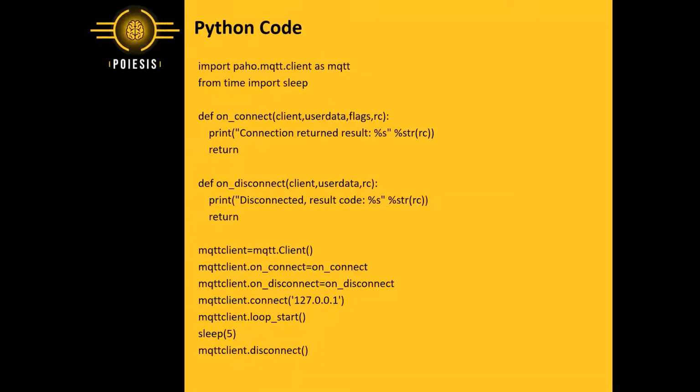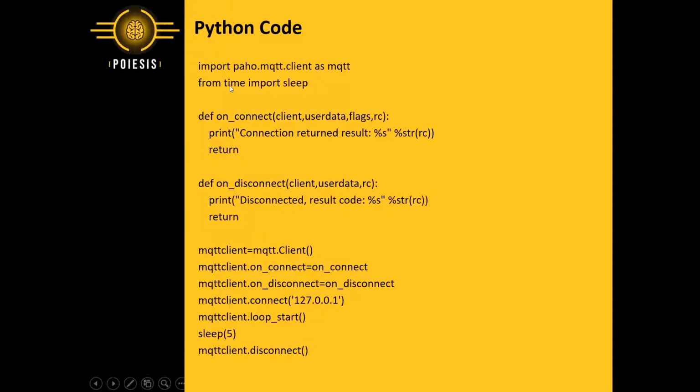Here is our code. We have extended the code to include one more function. The function name is on_disconnect, and this function is a callback which will be called automatically by the MQTT client as soon as it disconnects from the broker.